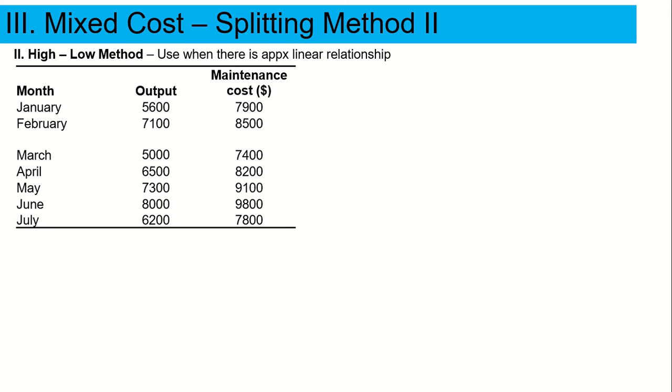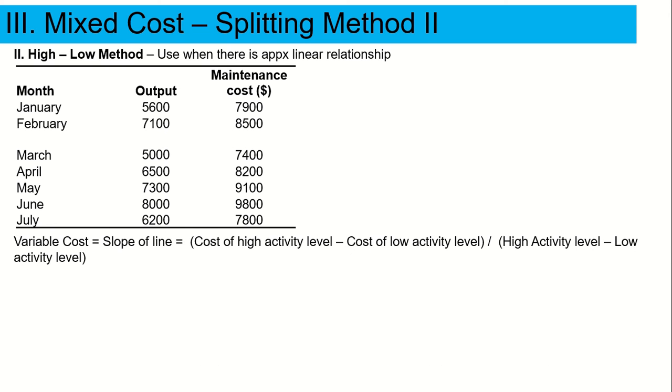Let's look at the second method of splitting cost, which is the high-low cost method, where using the same data set, variable cost calculation has to be done using the slope. The graph which we saw in the previous chart had a point of intercept, which gave you the fixed cost, and the variable cost is nothing but the slope of the line.